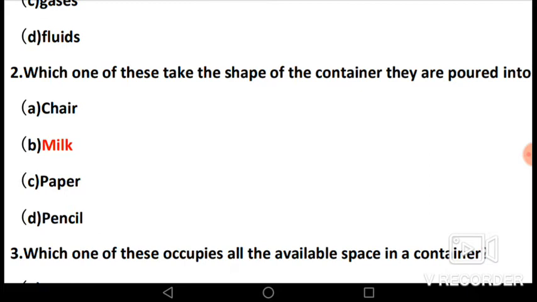The answer is milk because things like water, milk, juices can take the shape of the container they are poured into, because liquids are substances in which the particles are not very closely packed. Unlike solid, they don't have fixed shape and can flow.